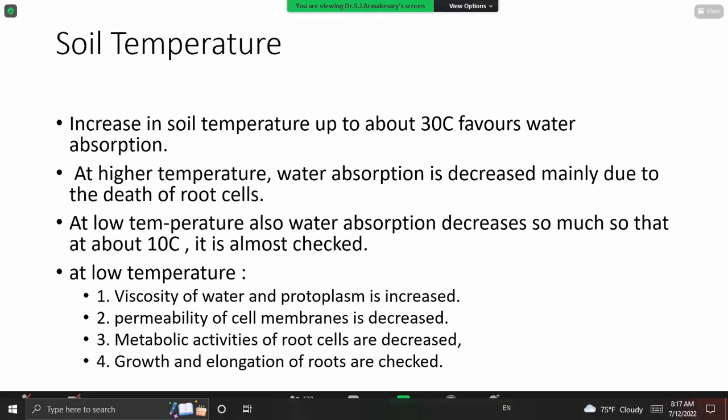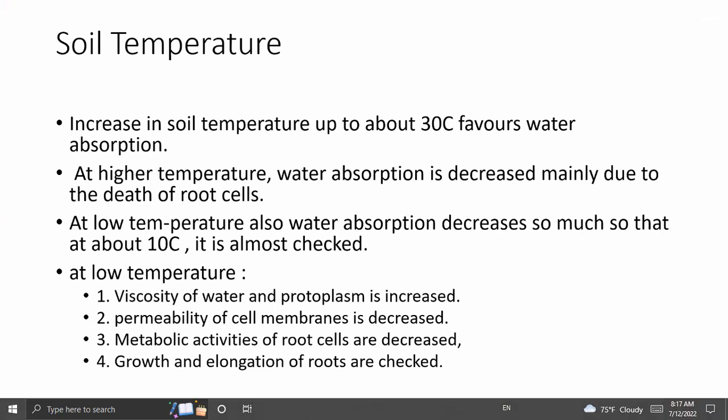Thereby, low temperature and high temperature both influence water absorption. To a certain level, increasing temperature helps, but beyond that the cells are dying. Low temperature also decreases absorption. So the most suitable temperature for absorption is from 10 to 30 degrees centigrade.